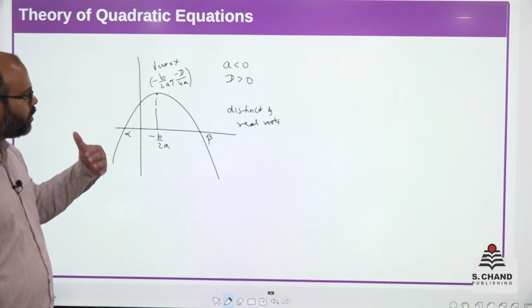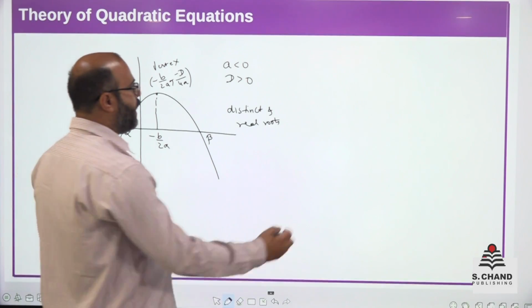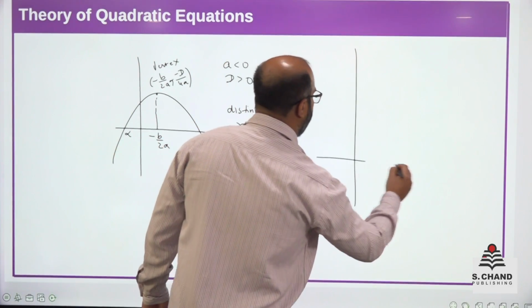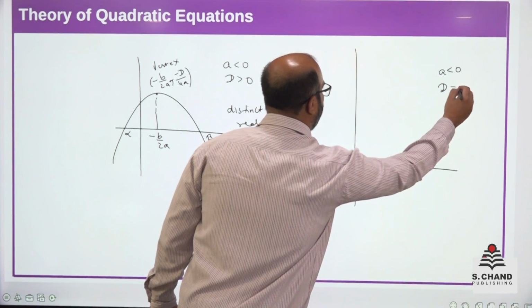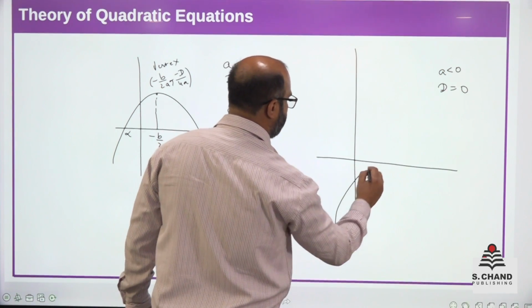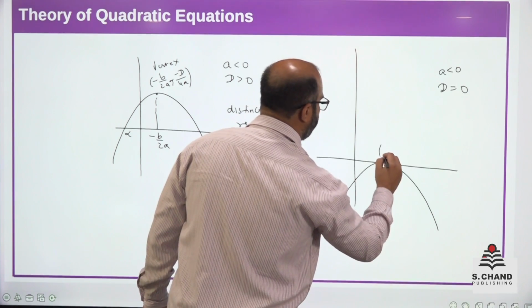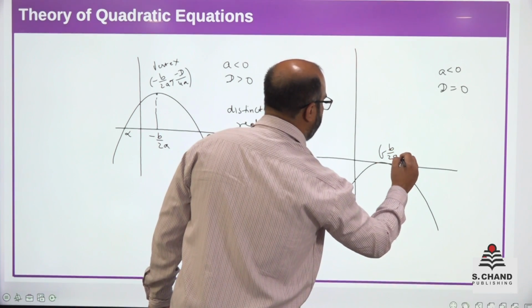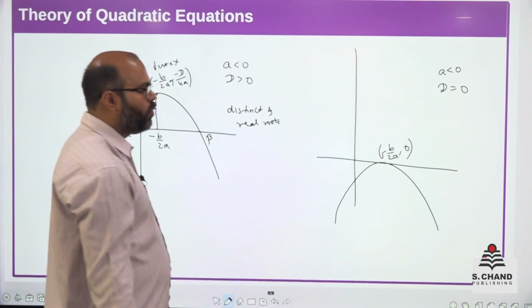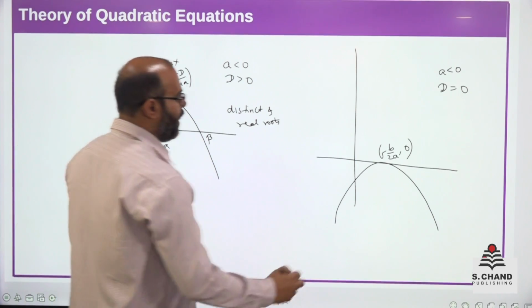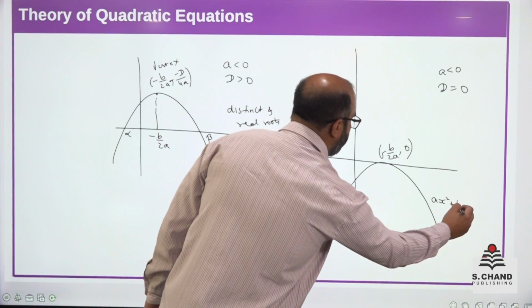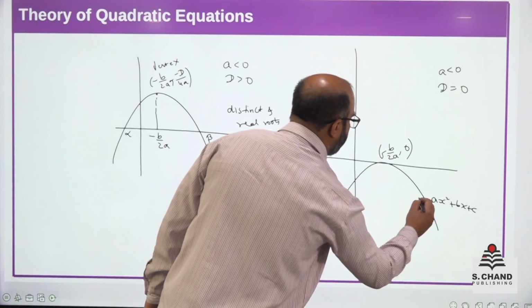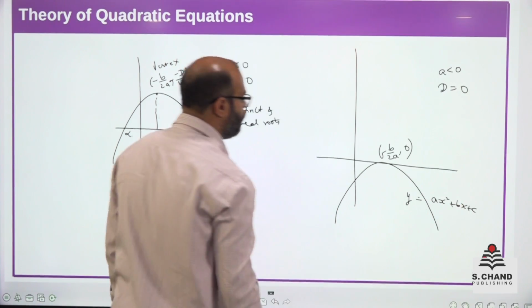Now if you talk about another case, that case would be a less than 0 and d equal to 0. What happens in that case? The downward opening parabola just touches the x-axis. So it is minus b by 2a, comma 0. And this is the equation of ax square plus bx plus c is equal to y.